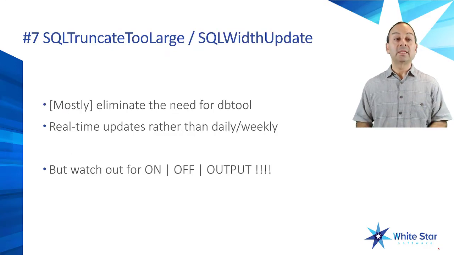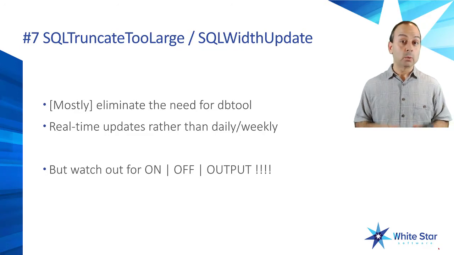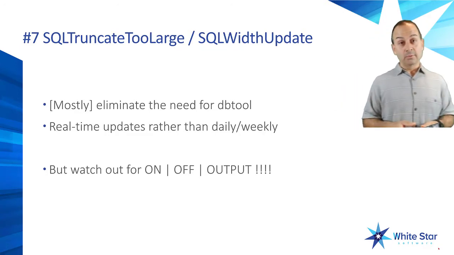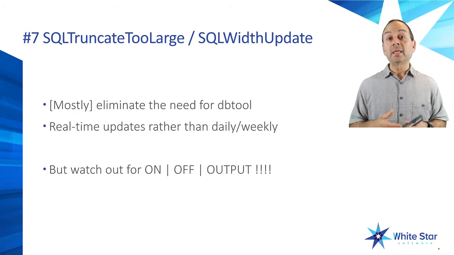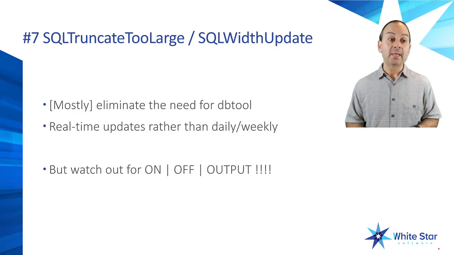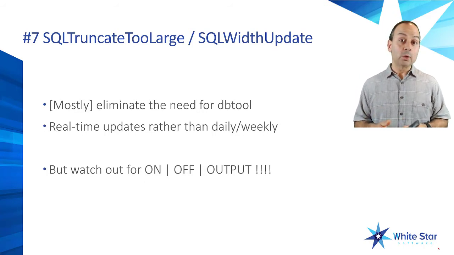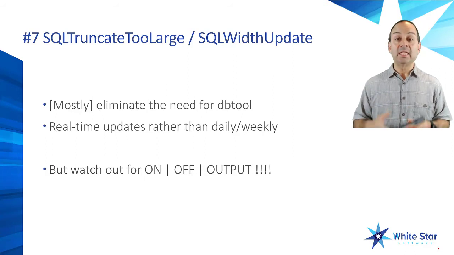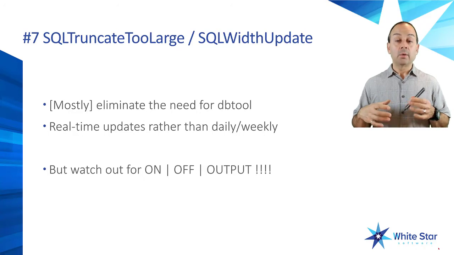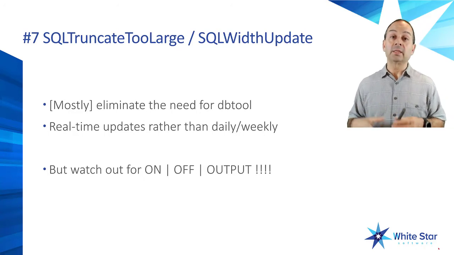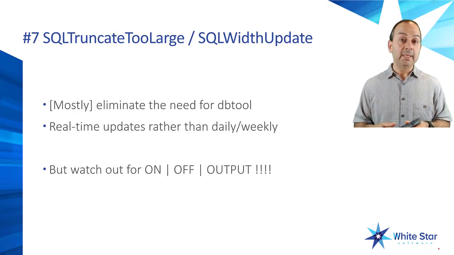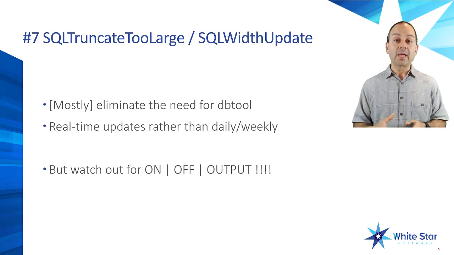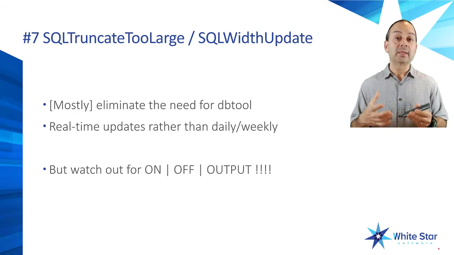All right, number 7, SQLTruncateTooLarge and SQLWidthUpdate. Now you might argue that server-side joins is a much more important improvement, but not everybody is doing client-server connections to the database. Equally, not everyone is doing SQL connections, but a lot of people do SQL, and we've always seen these problems where the 4GL width of the field is wider than the SQL width, and so that SQL connection or that ODBC JDBC connection generates that error that the data that's being passed is larger than the SQL width.